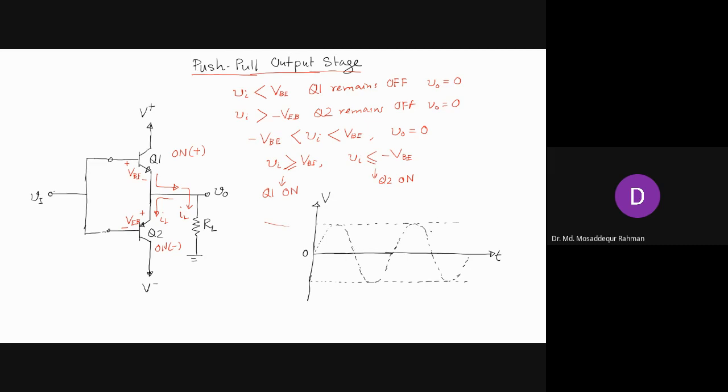Let's say these are the input voltage Vi. Then somewhere here we have the forward bias voltage for the base-emitter junction, this one for NPN, and this one for PNP.